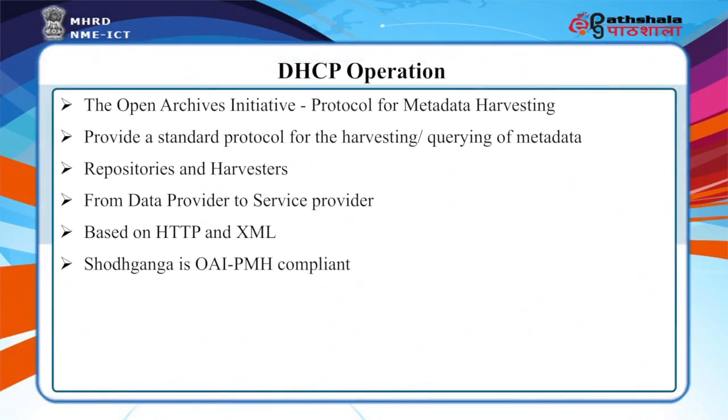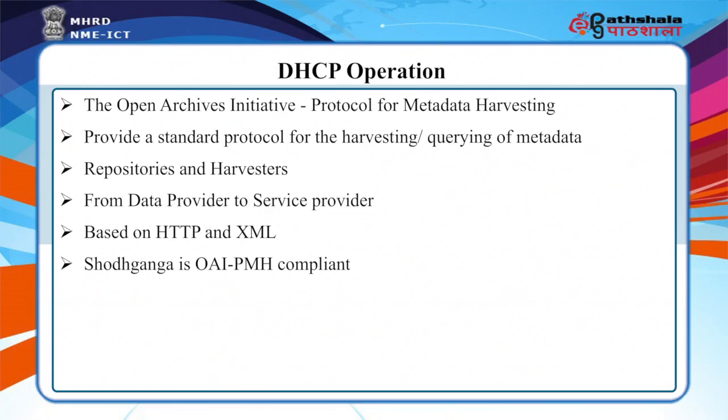If metadata is available, this protocol will help you to harvest from another server. So OAI-PMH is part of the Open Access Initiative, the Protocol for Metadata Harvesting. OAI-PMH is a very important protocol in the library science area.